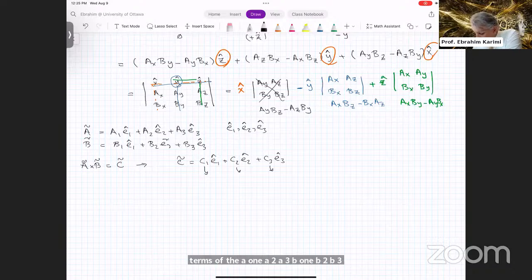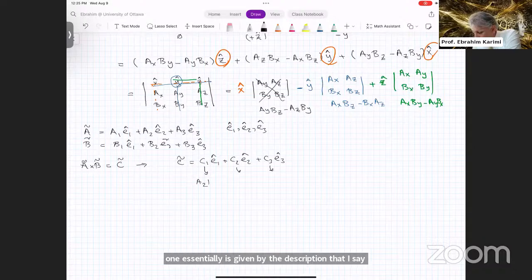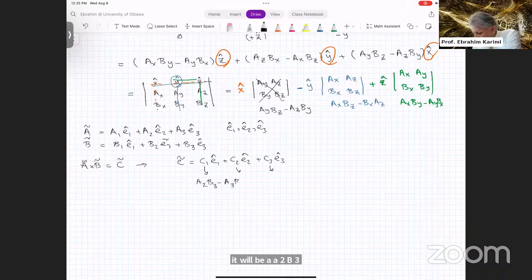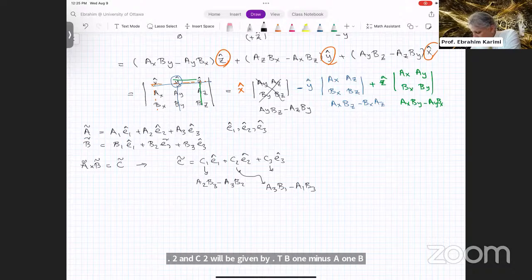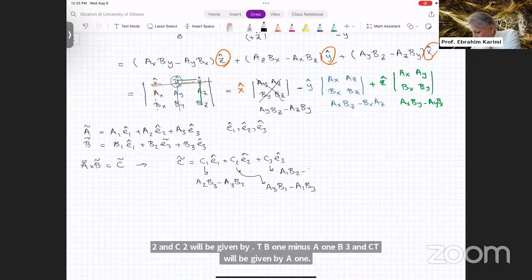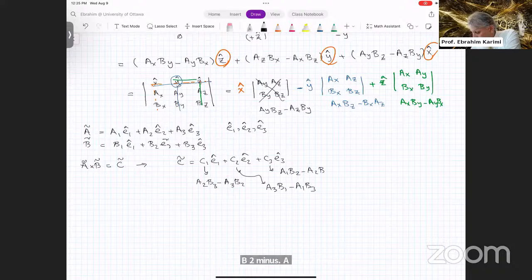So C1 is given by A2 B3 minus A3 B2, and C2 will be given by A3 B1 minus A1 B3, and C3 will be given by A1 B2 minus A2 B1.